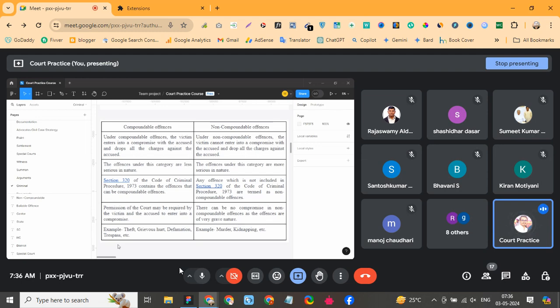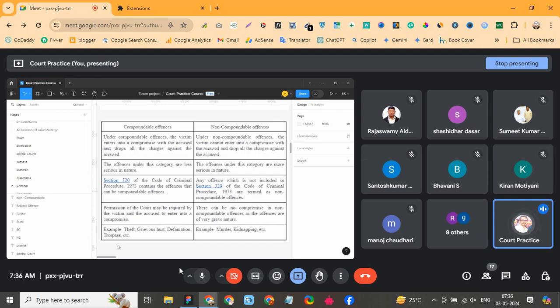They are serious offenses like murder or kidnapping. That is why the court is not going to allow, and even the victim is not permitted to grant, the compromise to the opponent party or the accused.